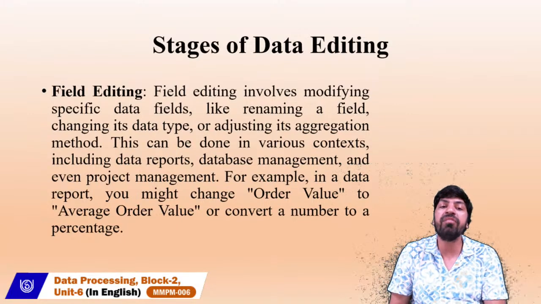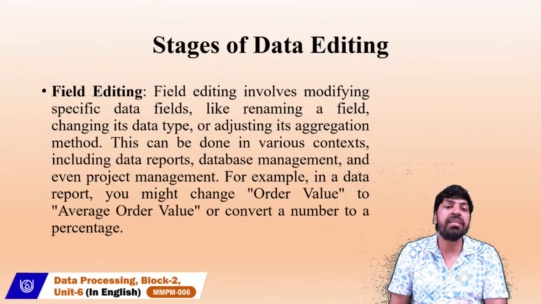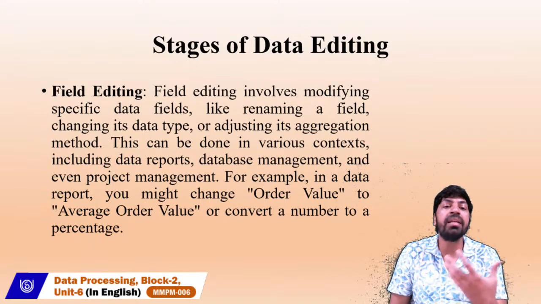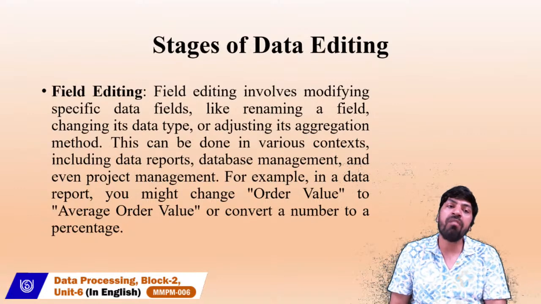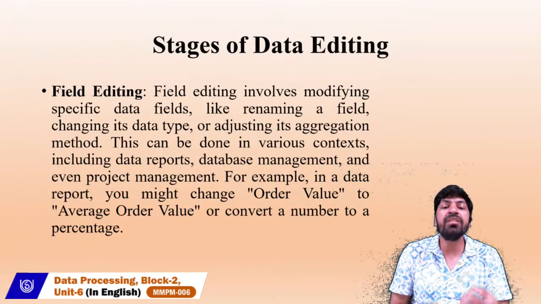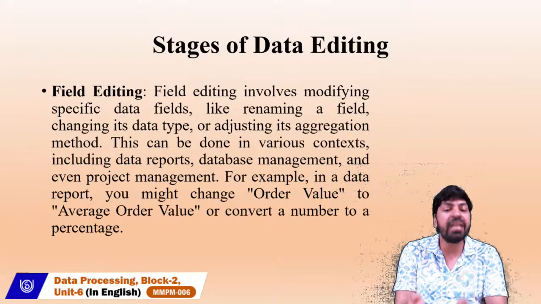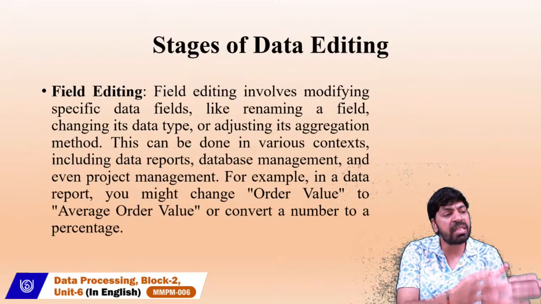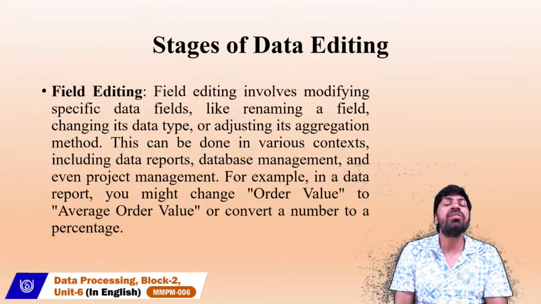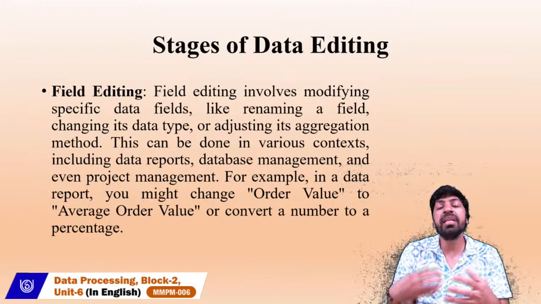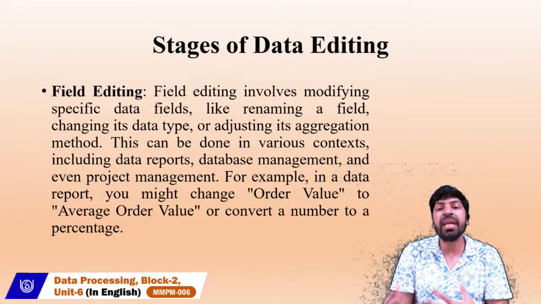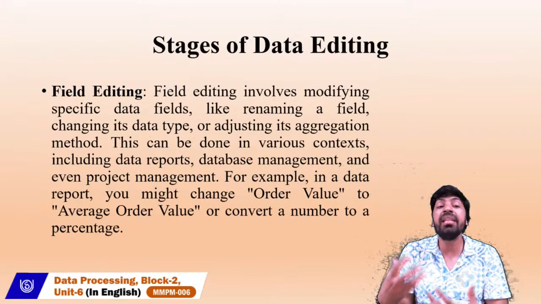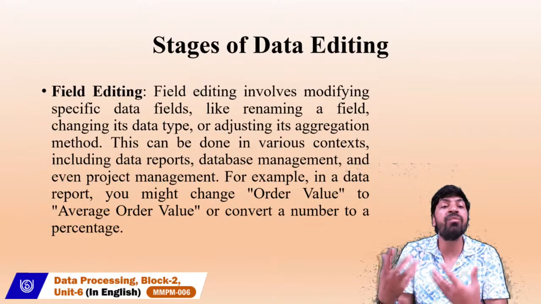Here, a field is a subject or content, like name, address, occupation, income level, etc. So field editing means you are working on the main variables or very specific data fields. If some name has been wrongly entered, you can rename that field, that variable.